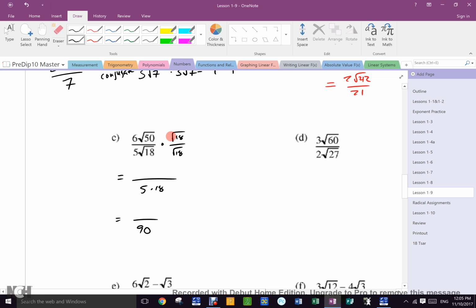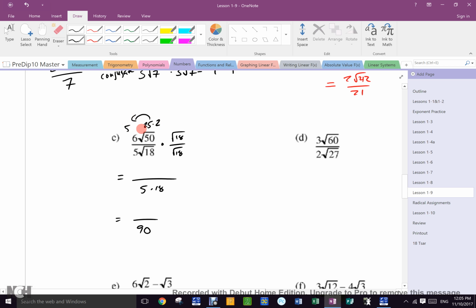So what should I do up there before I go any further? Simplify. What's that? 25 times 2. So what comes out? 5. 30 root 2. And what's that? 9 times 2. What comes out? 3. So I got 30 root 2 times 3 root 2. 3 root 2.